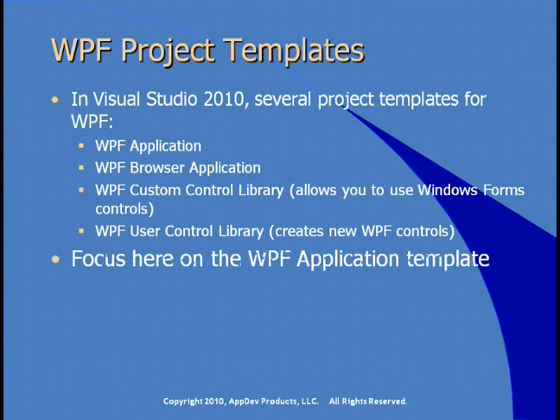In this course, we'll focus on the WPF application template, a very simple template that includes a single window for creating one window of a WPF application. Of course, you can add more, but for our first demonstration, we'll just use the template as it is. So let's stop now, go to Visual Studio, and create our first WPF application.